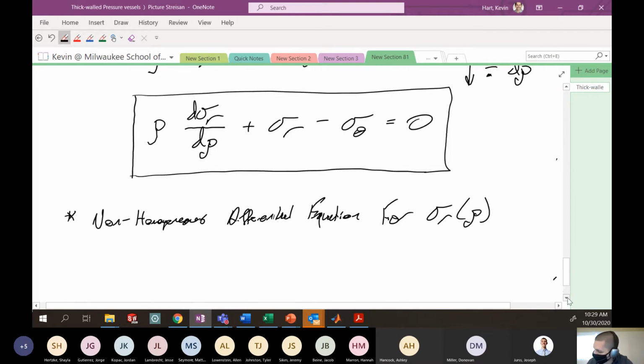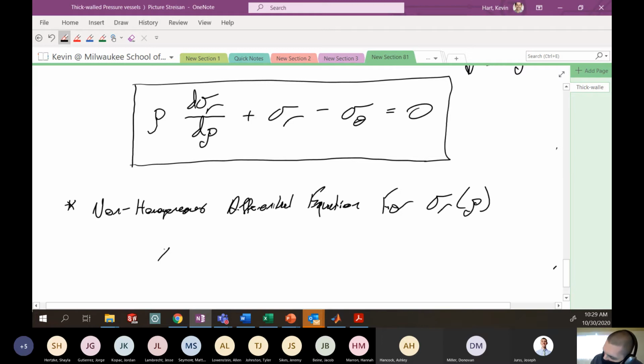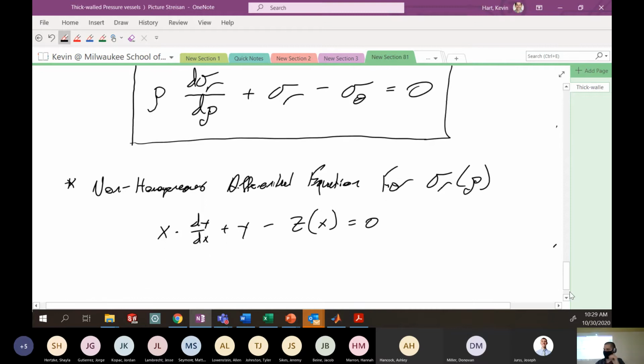If you want to think of it in clearer terms, this would be like x times dy dx plus y minus c equals 0. Maybe that's a little bit clearer for everybody. No, it's probably not accurate to write this as a c. This is more like z of x equals 0. It's probably a little more clear. Complicated.